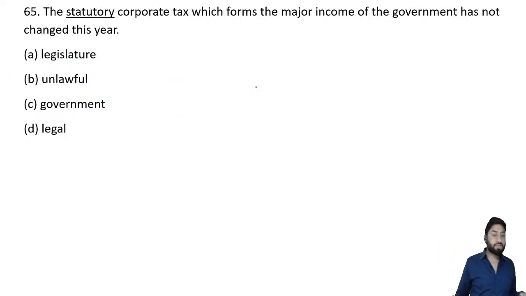65. The statutory corporate tax, which forms the major income of the government, has not changed this year. Legislature, unlawful, government, legal. All the options, as far as I think, are the same. Yes, it's proper. Now, statutory means something which is linked to a statute.